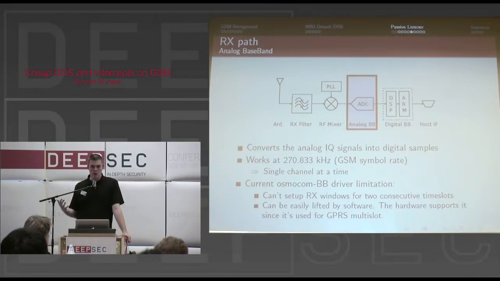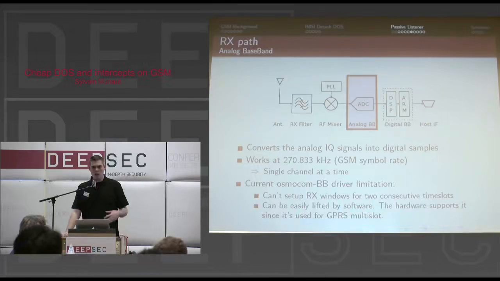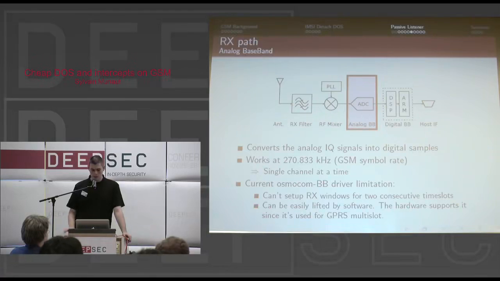So that's a limitation, but that's a software limitation, because the hardware has to be able to do it, since it's a requirement for GPRS multi-slot, and this chip is supposed to support at least two consecutive bursts. So with a little work, we could just lift that restriction.